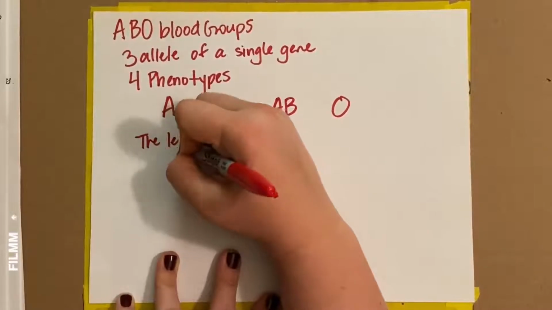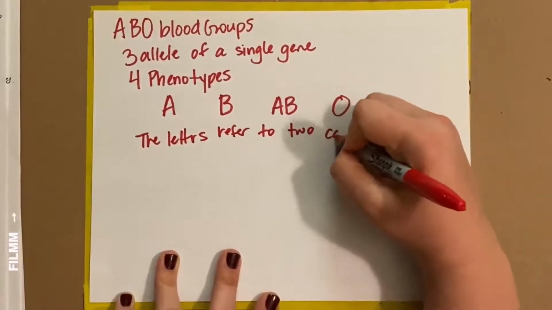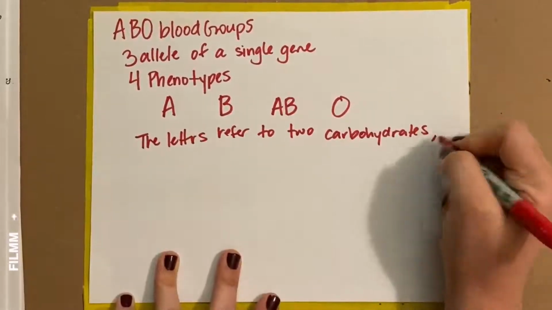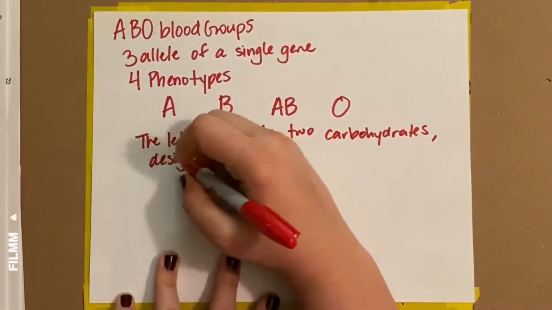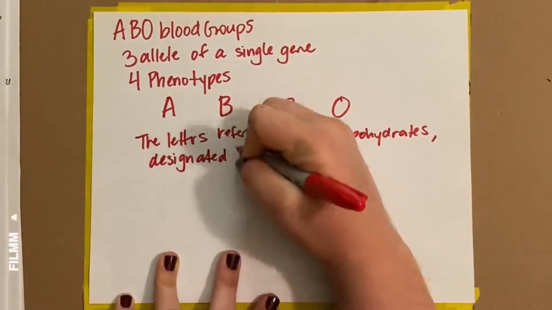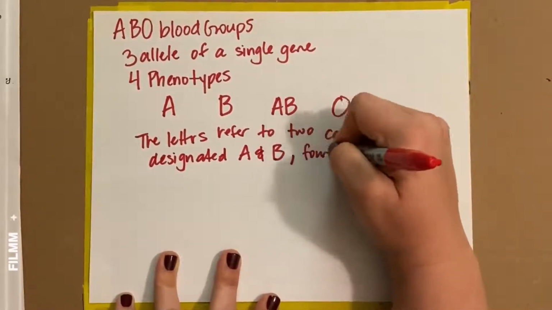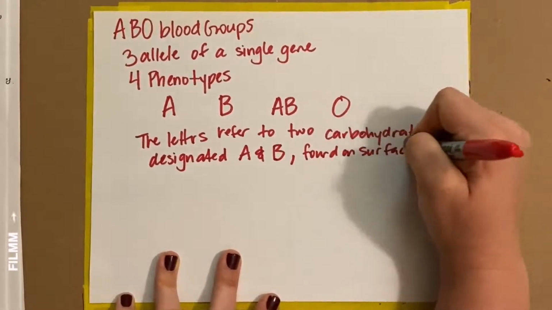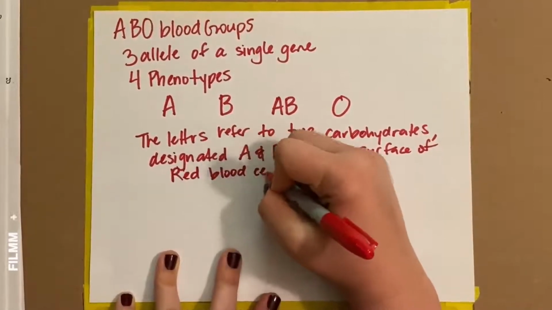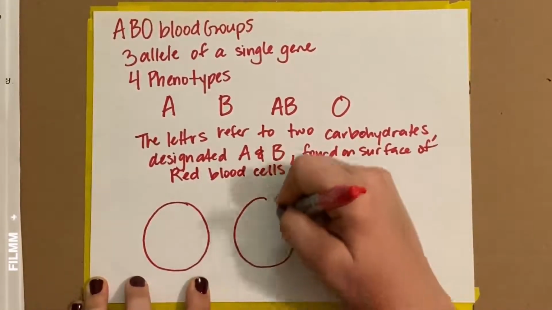The letters refer to two carbohydrates designated A and B. This is not at all what they actually look like, but it helps illustrate what's going on.